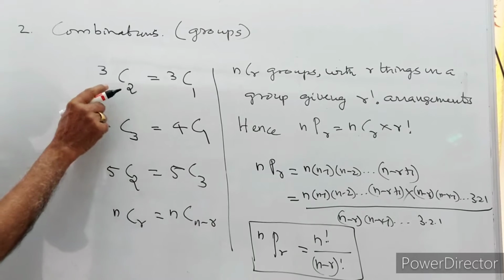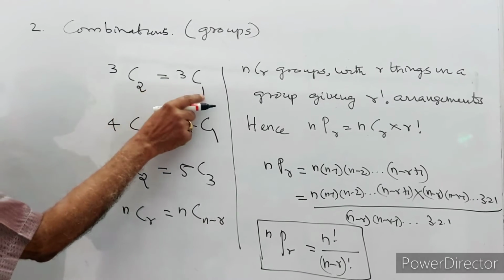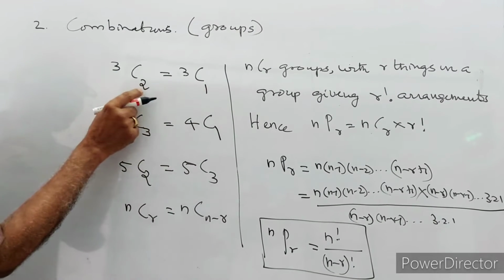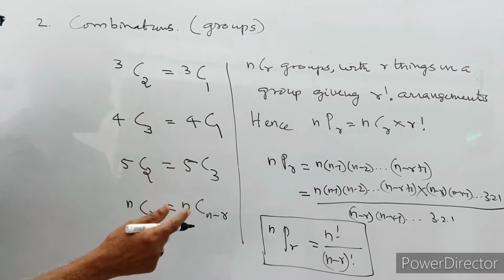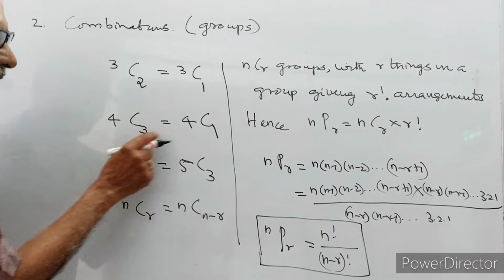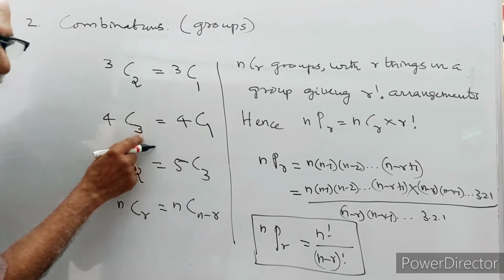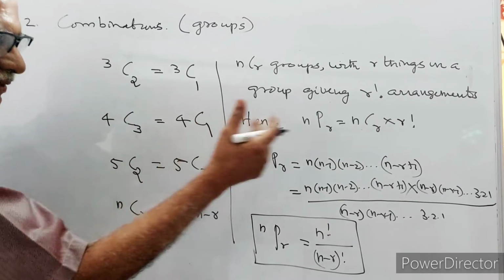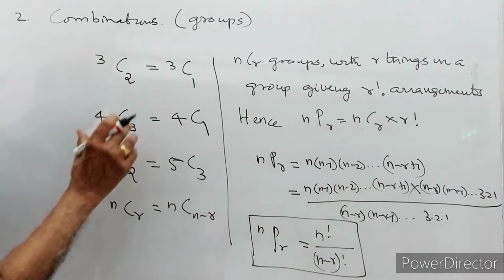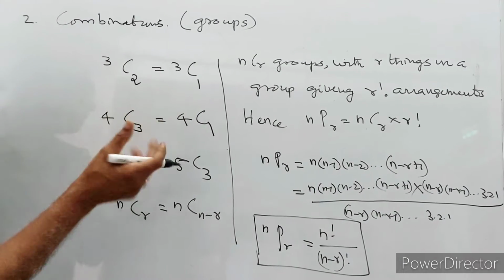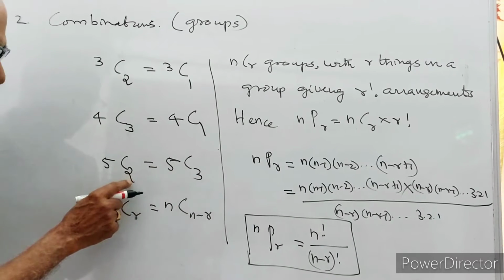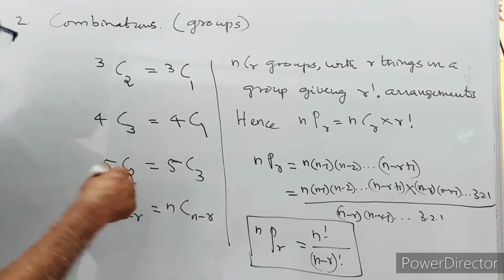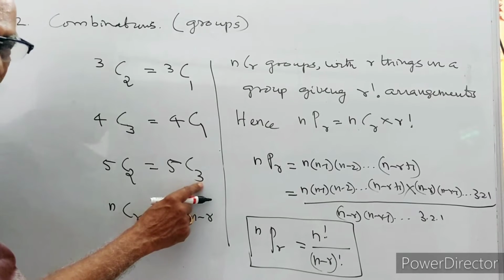Now we consider 3C2 is 3C1, because whenever you take 2 elements out of 3, 1 element is left out. 4C3 is 4C1. You take 3 elements and then 1 element remains there. So the number of groups will not change. 5C2 is 5C3, because when you take 2 elements out of 5, automatically 3 elements are left over.